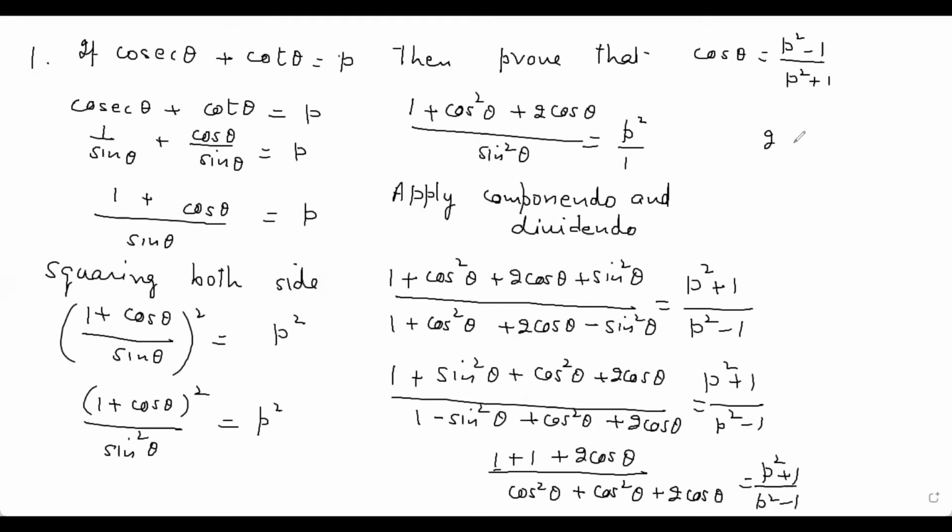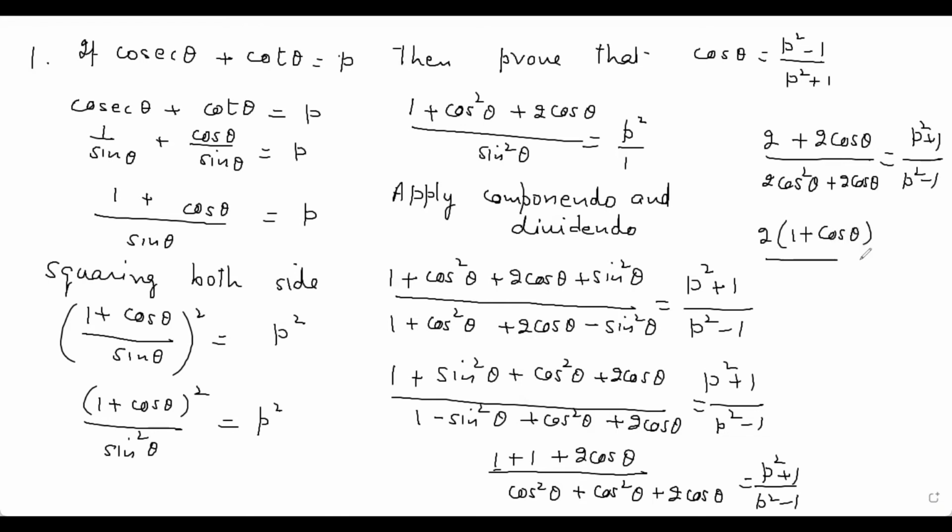Now I have 2 plus 2 cos theta upon 2 cos square theta plus 2 cos theta. This is equal to p square plus 1 upon p square minus 1. Take 2 common, I'll have 1 plus cos theta. And take 2 cos theta common, I'll have cos theta plus 1 in the denominator. That is equal to p square plus 1 upon p square minus 1.